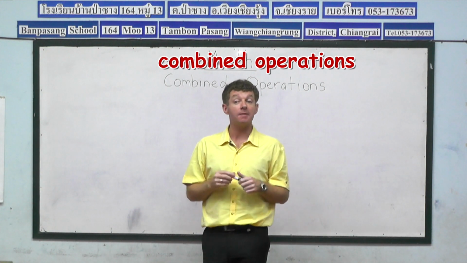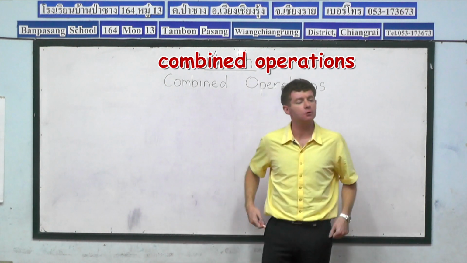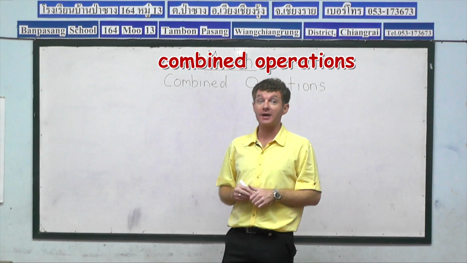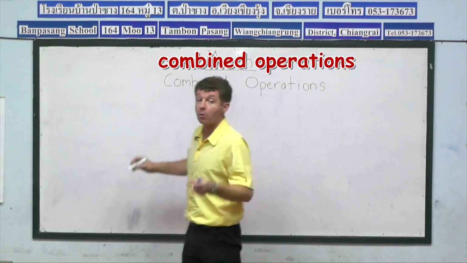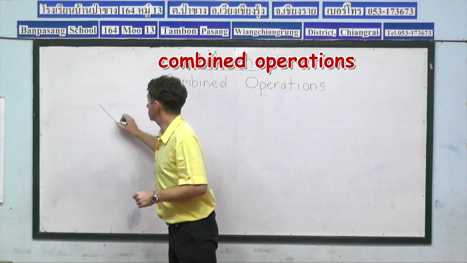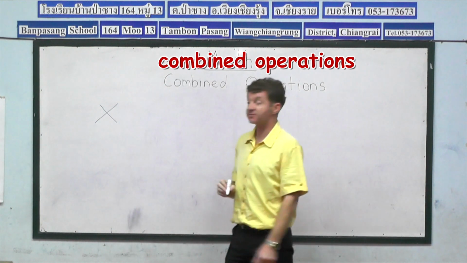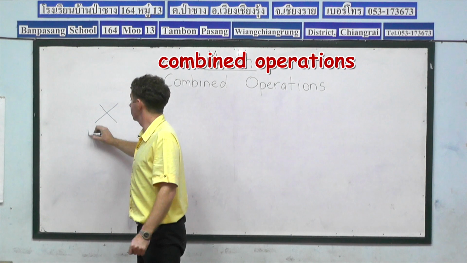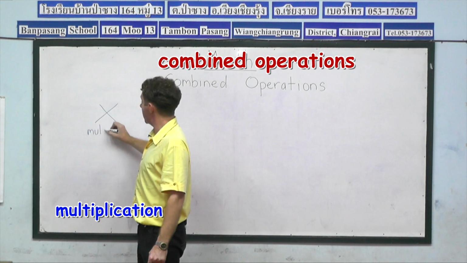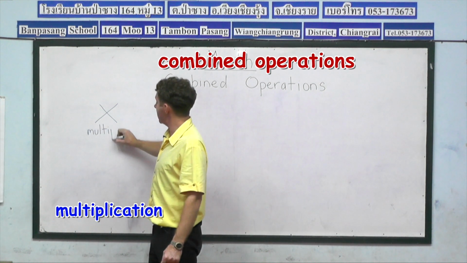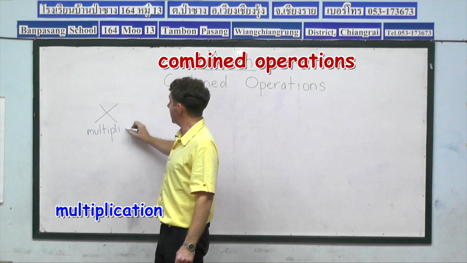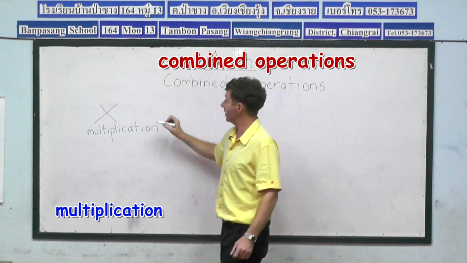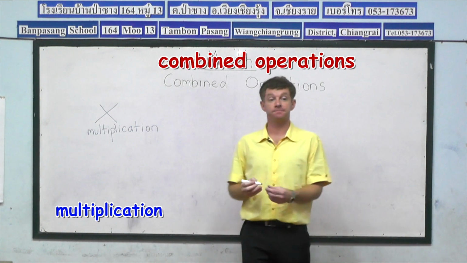So can anybody remember what mathematical symbols we have been using? Times. We've been using times, also known as multiply or multiplication. So that's the times sign, and now we'll write multiplication.